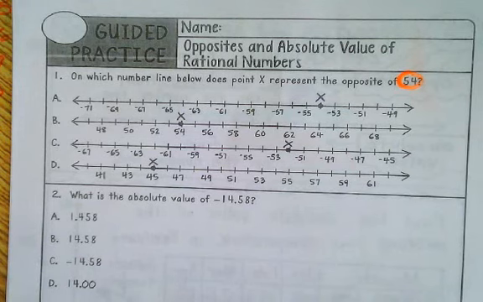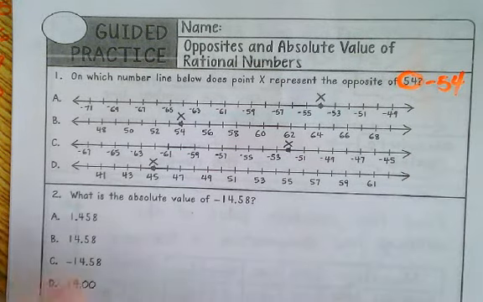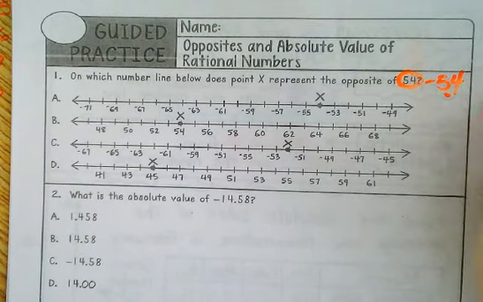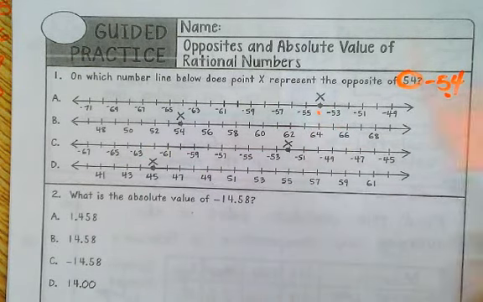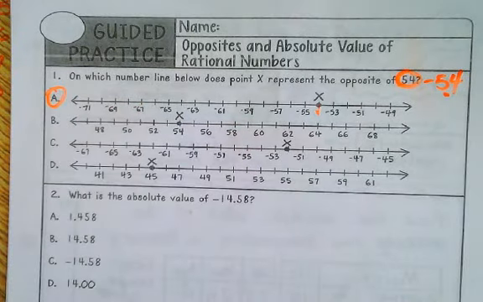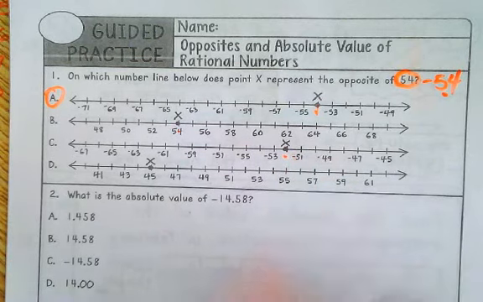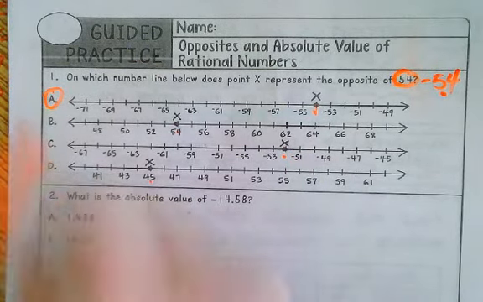Yes. Negative 54. So we want to find which one of these has a dot at negative 54 with X on it. Let's see. Negative 54. Right there. Look at that. How easy. They gave it to us right away. Because that's a positive 54. And that's a negative 52. And that's a positive 45. So none of those. A.